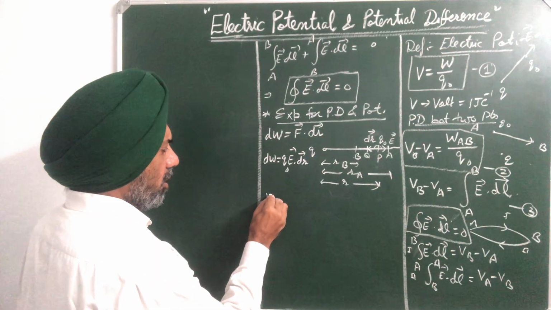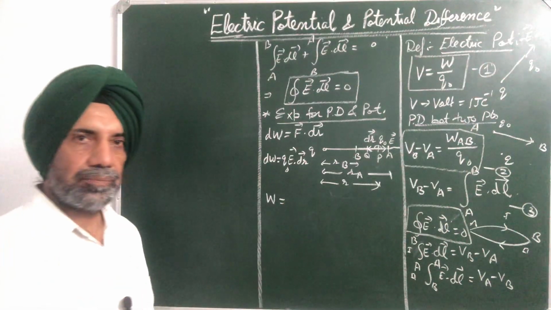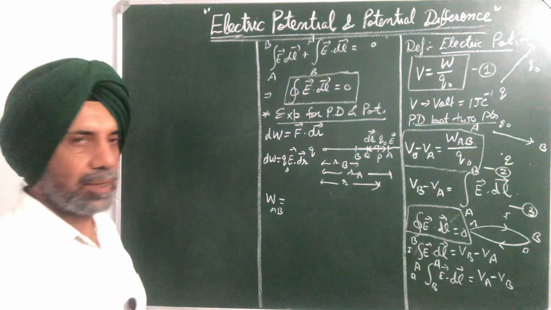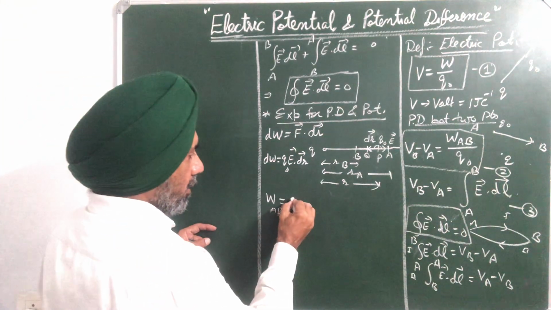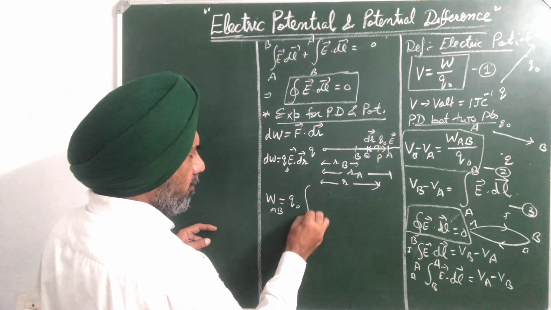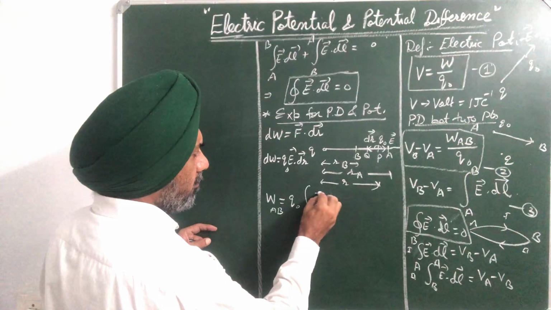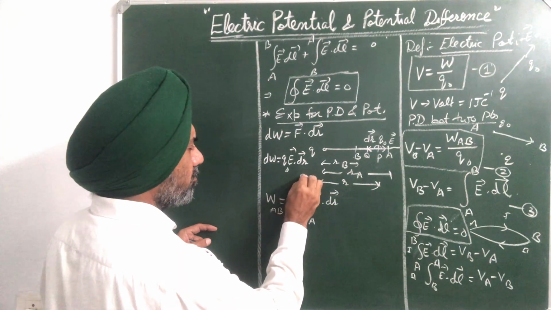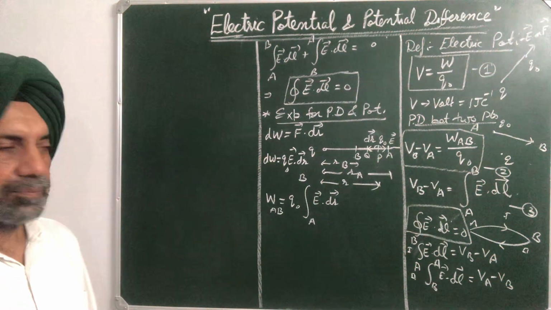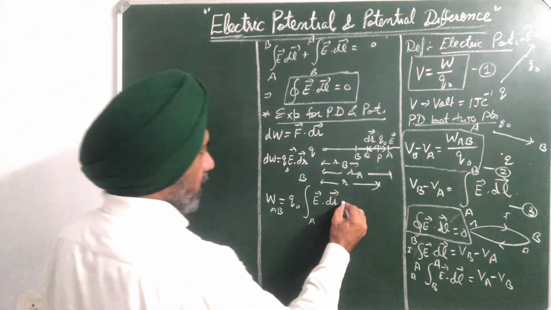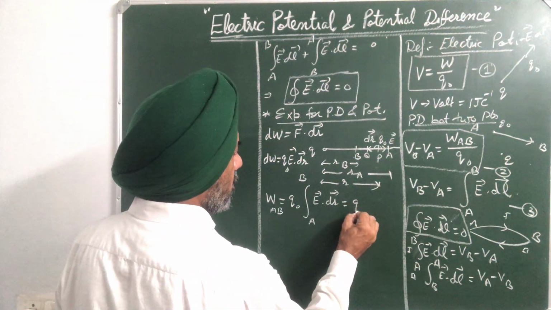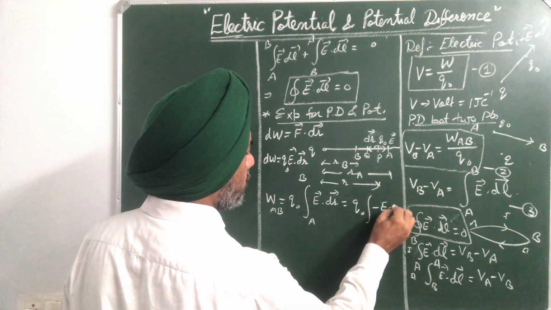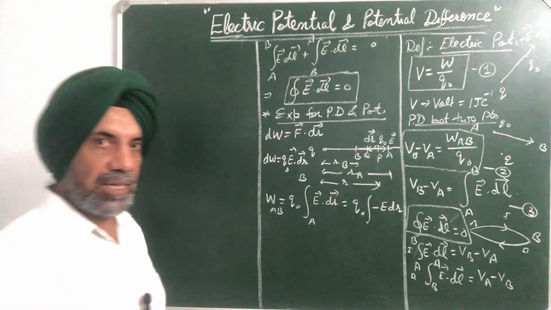Or the total work done in moving from A to B is given by the line integral of the electric field from A to B, by definition, or it is given by Q naught times minus integral of E dr. Why minus E dr?